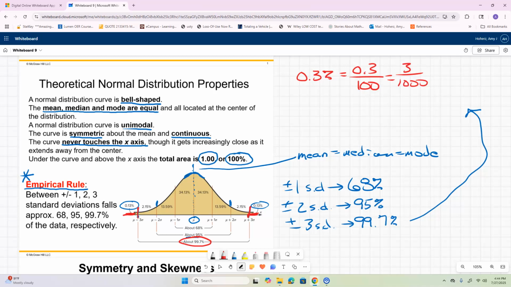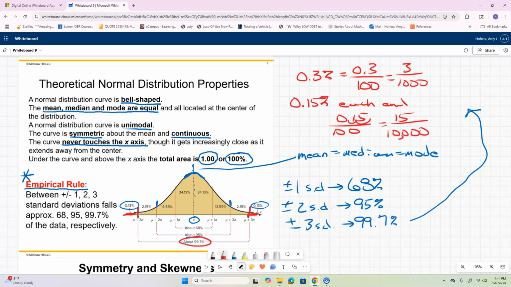So if we even go back and split that in half, let's say we have 0.15% on each end, then that would be 0.15 out of 100, which is 15. Shift this 2 that way, and then add 2 zeros.